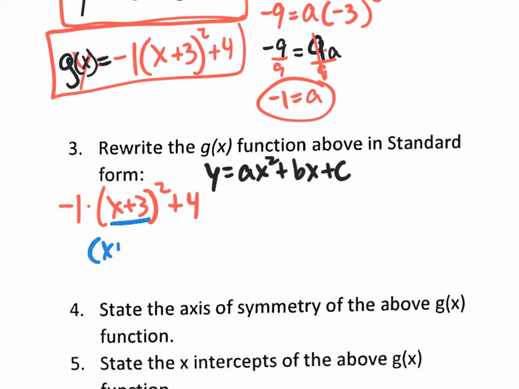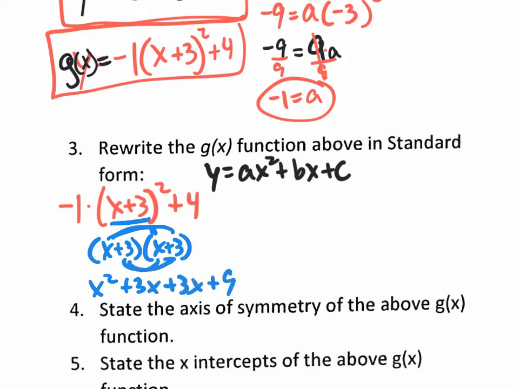So let's go x plus 3 times x plus 3. You're going to distribute and combine like terms. X times x, x squared. X times 3, 3x. 3 times x, 3x. 3 times 3, 9. So my quadratic trinomial in blue will be x squared plus 6x plus 9.